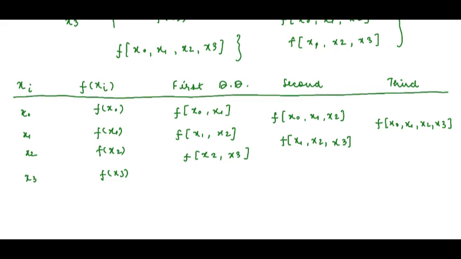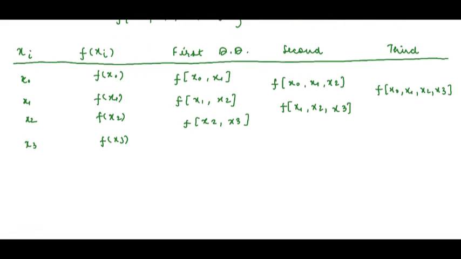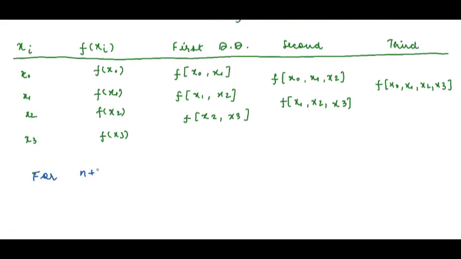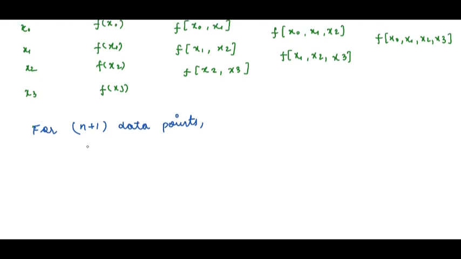Now we can construct the interpolation formula for n plus 1 data points, (x0, f(x0)) up to (xn, f(xn)).